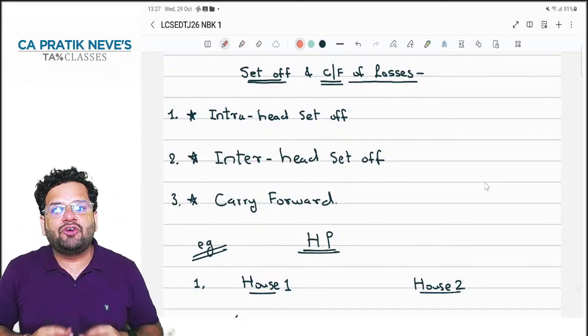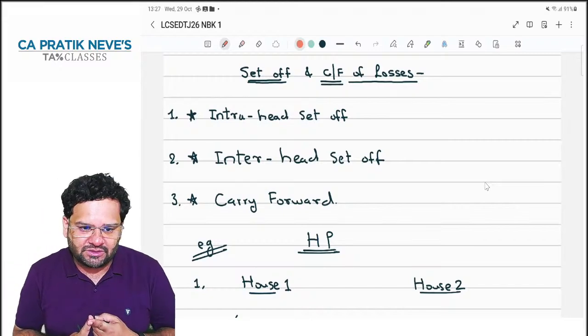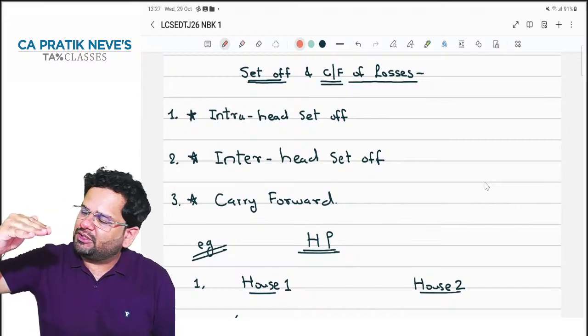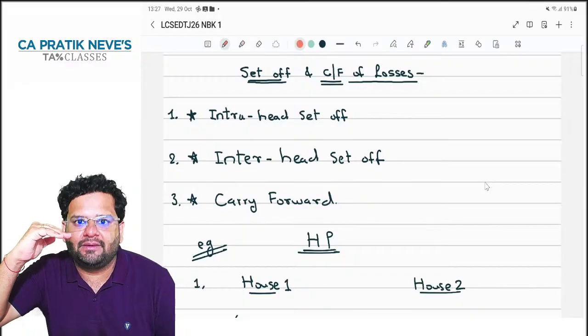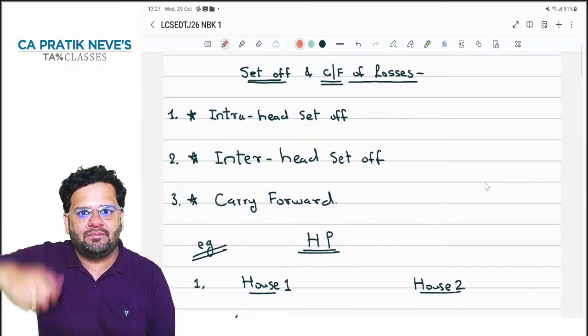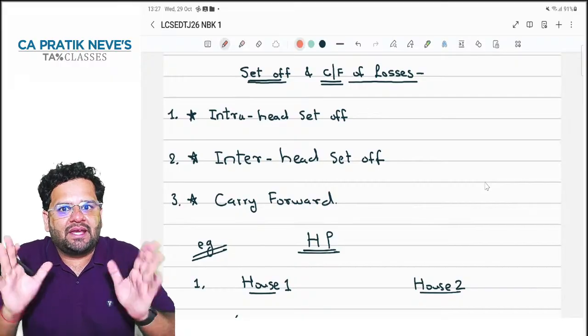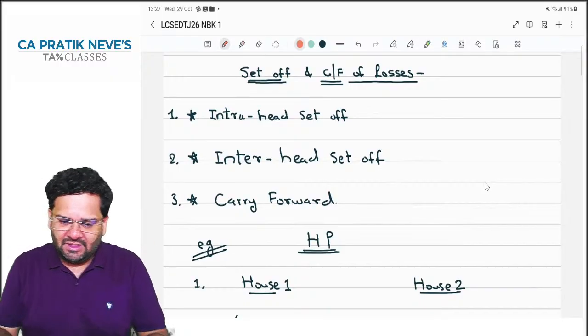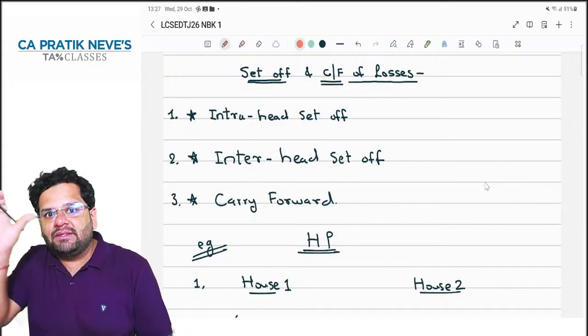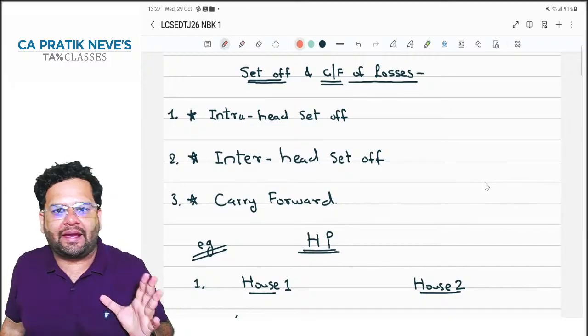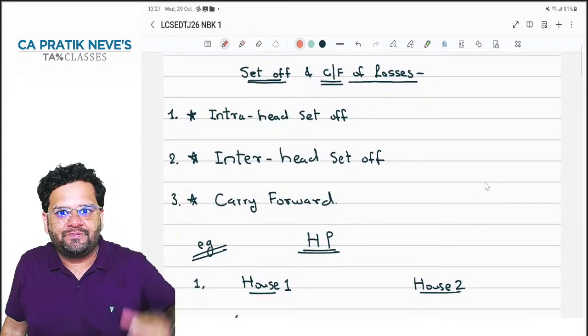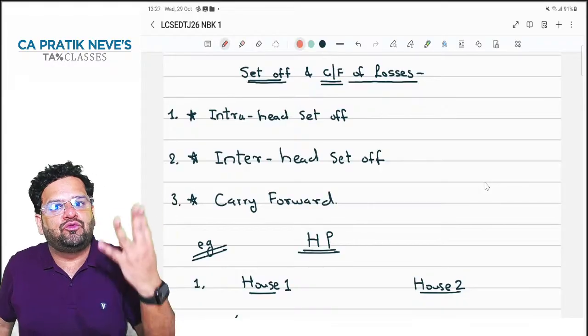See, you can have loss. When do you have loss? When a particular expense is more than income, you have loss. For example, in HP, you can have loss. So HP1, suppose there is loss of 2 lakh, and HP2, suppose there is income of 4 lakh.